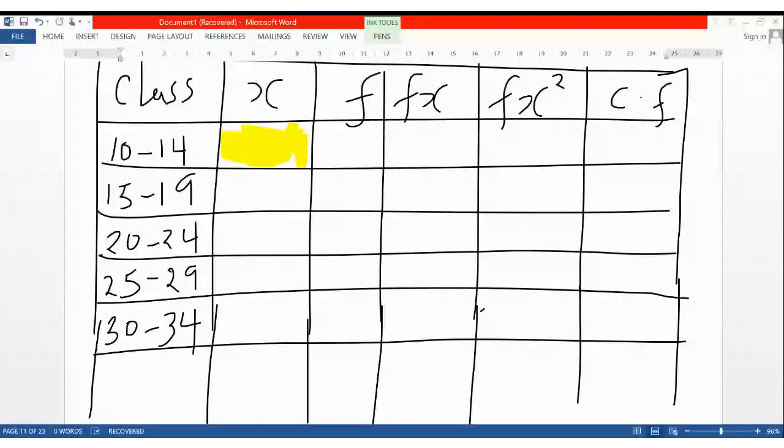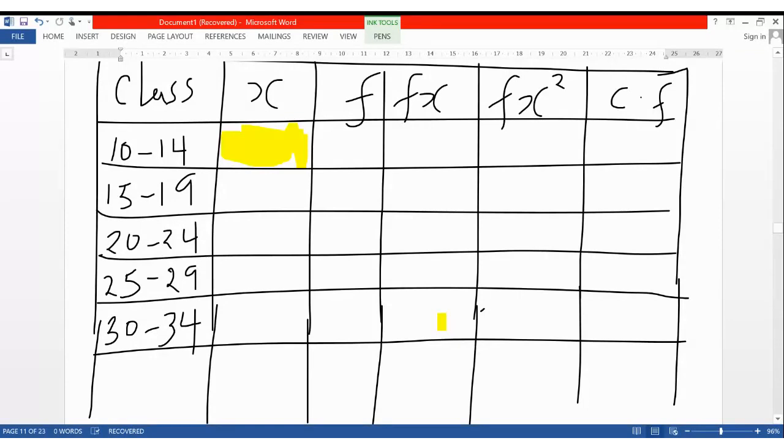Yes, it is addition. You don't subtract. When you subtract, you'll get a different value, not the midpoint. You want the midpoint of 10 and 14, a number that is in between. So we shall add these two. You guys have already forgotten.